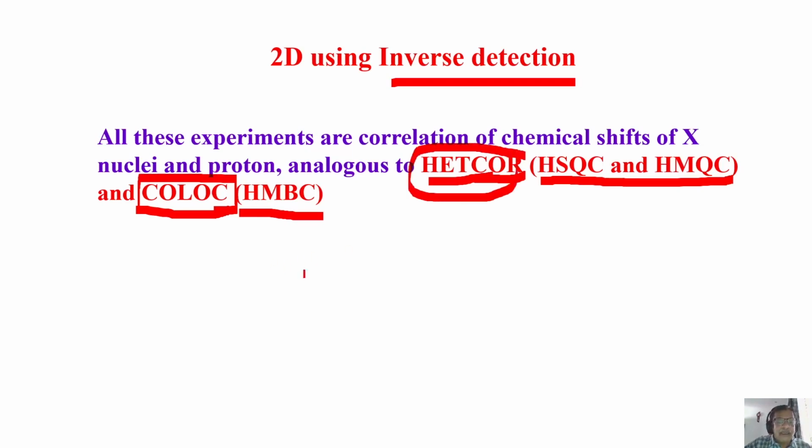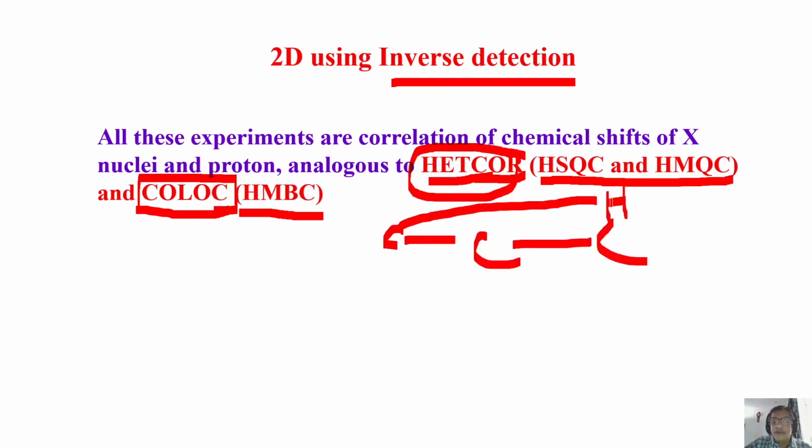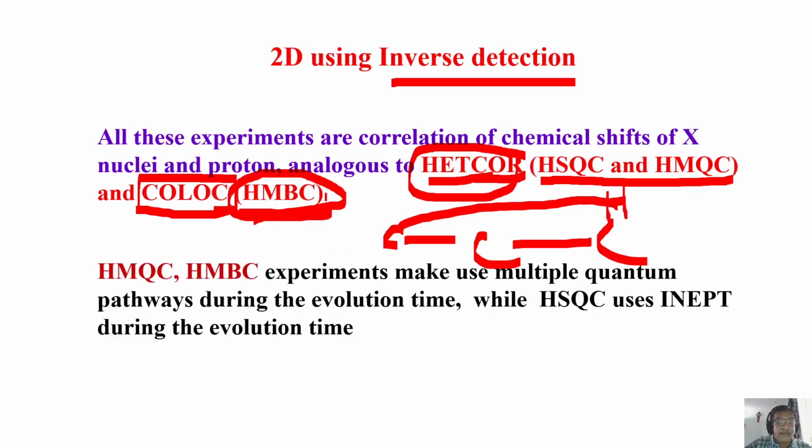In COLOC, this carbon can have another carbon 2 bonds away or 3 bonds away, and we can obtain the proton correlation. This long range, 2 to 3 bonds away correlation can be obtained between carbon and proton. But a similar experiment is possible by inverse detection, called HMBC.